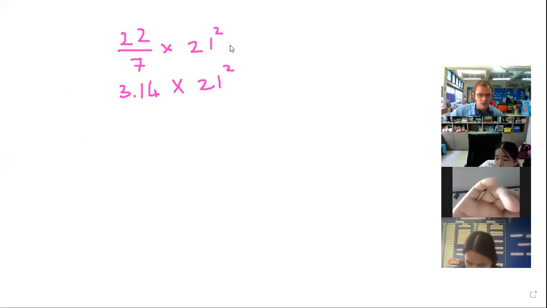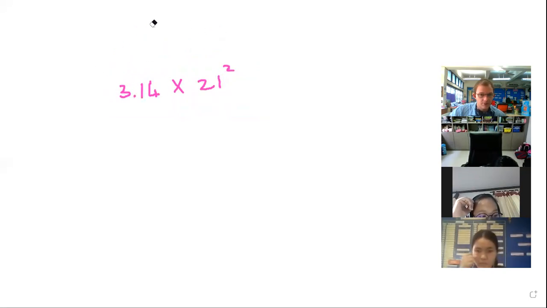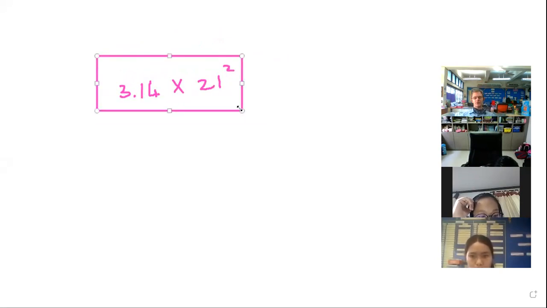Are there any volunteers to help me do this calculation over here? Anyone that wants to calculate this for me, who wants to try? You can work on the whiteboard if you want to.